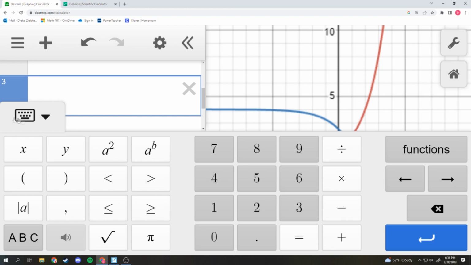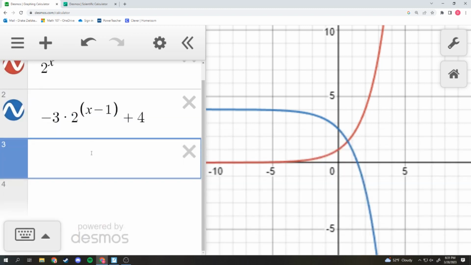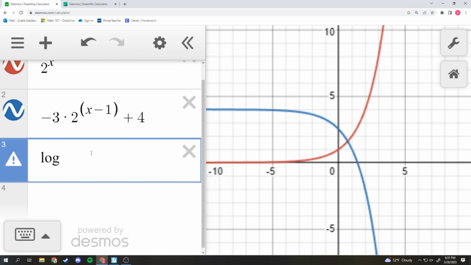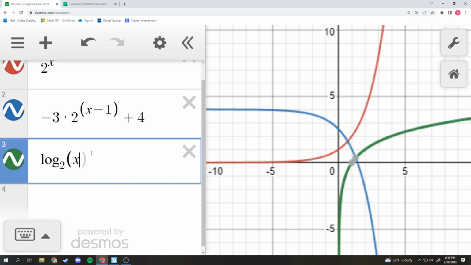Or if you're just typing, you can just type the letters LOG, so if you're doing this on a computer. And then if you hit shift and then dash, so underscore, the button that's next to 0 and next to plus on your keyboard, that gives you the subscript, which you can just type 2 and then type x, and there's your 2 to the power x function right there. Okay.